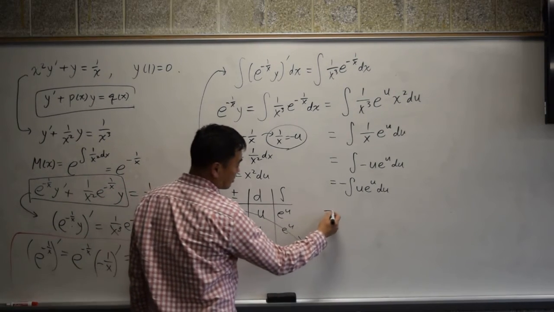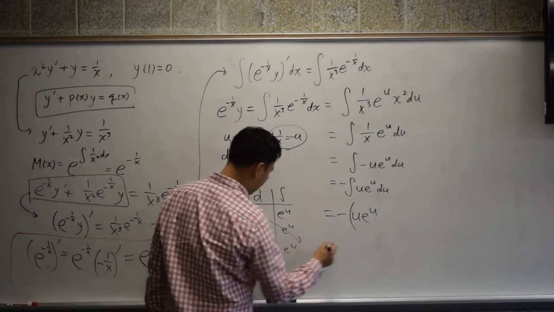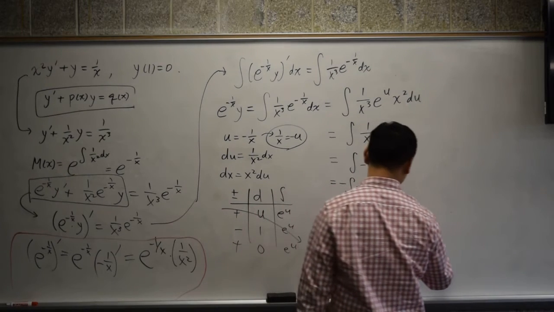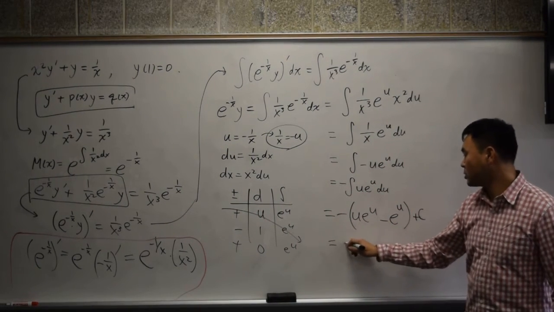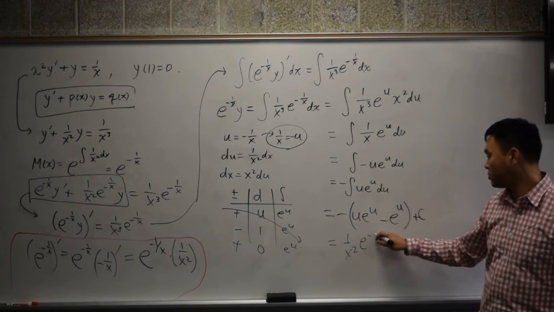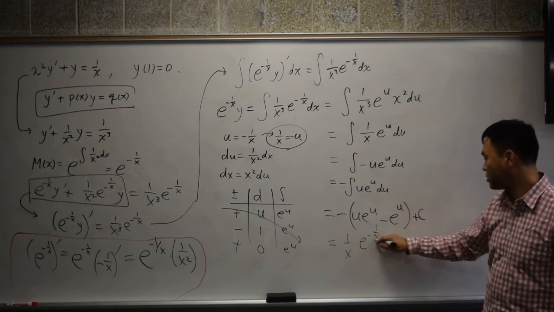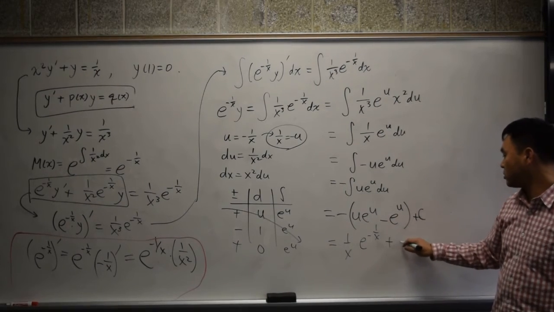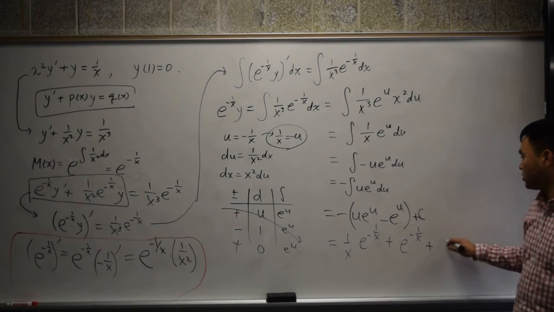So that's negative of u times e to the u minus e to the u plus c, which is 1 over x times e to the negative 1 over x, plus e to the negative 1 over x plus c.